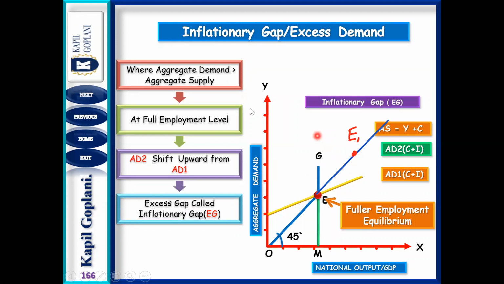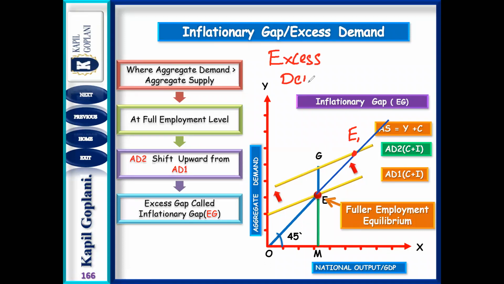I also told you that the inflationary gap is also known as excess demand, and it is also known as over full employment equilibrium. Both names can be given to the inflation. So this is the particularly definition as well as the diagrammatic presentation of inflation.